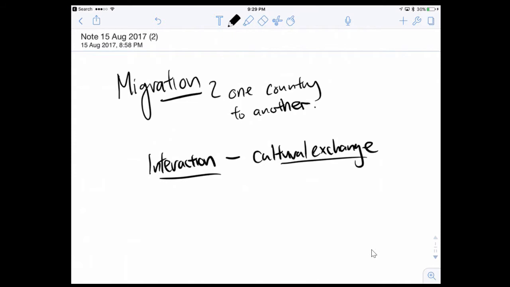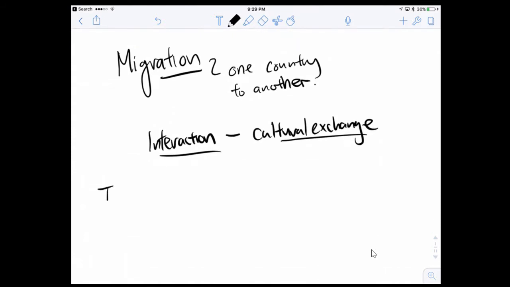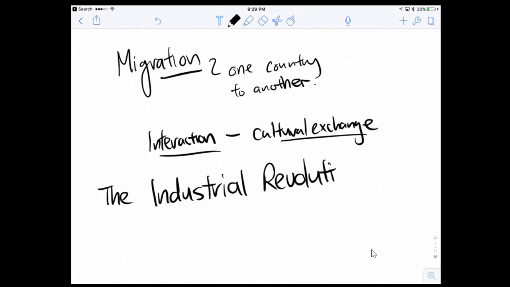You will see what is called the Industrial Revolution. This was a period in time in history whereby things started moving very fast, whereby ideas started coming up in people's minds.